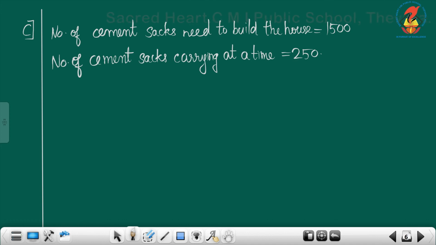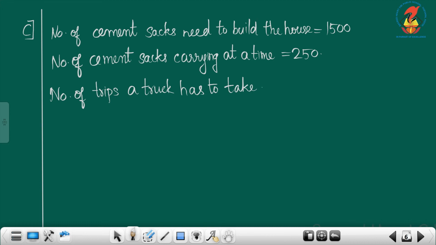Number of trips a truck has to take. It's 1500 divided by 250.